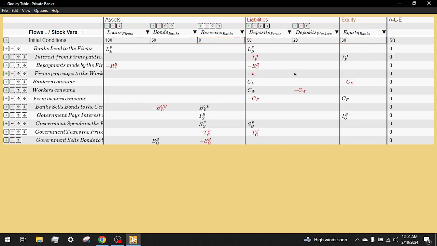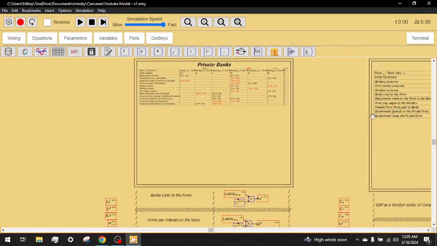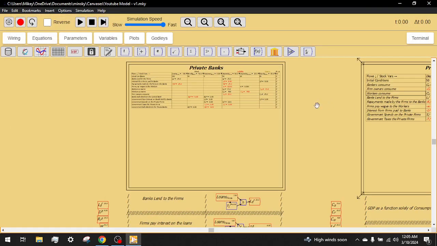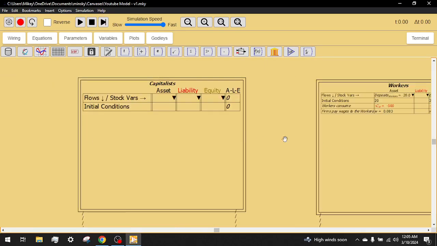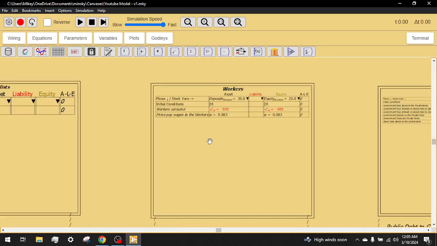So I need to bump up my equity by 50, to where now it's 80. And now everything is balanced. Cool. So now that all of that is done, let me go ahead and refresh this. Okay, everything is balanced. Looking good.